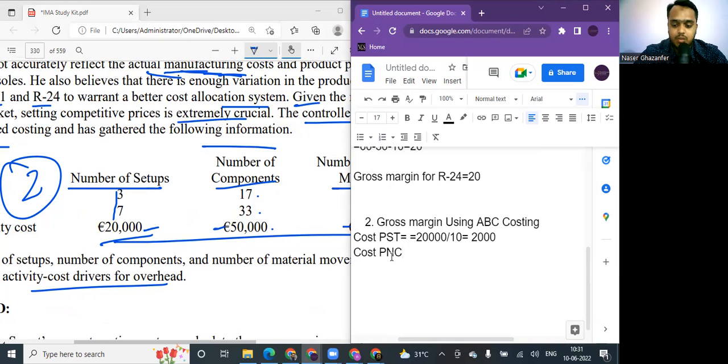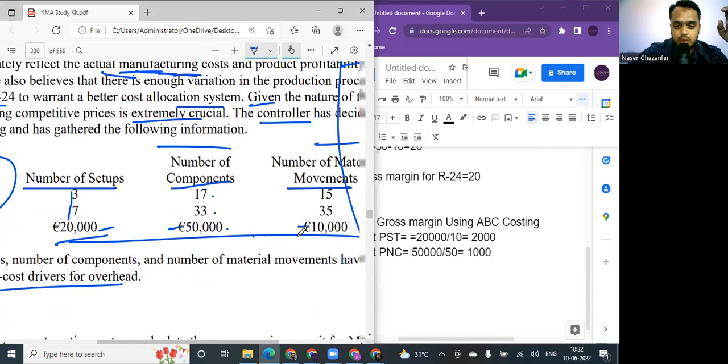It will be 50,000 divided by 50 again here. That will equal 1,000 per unit. 1,000 per component.